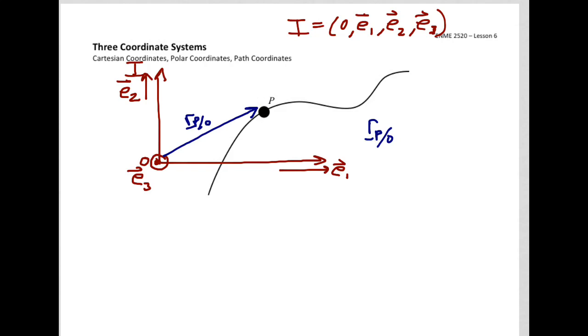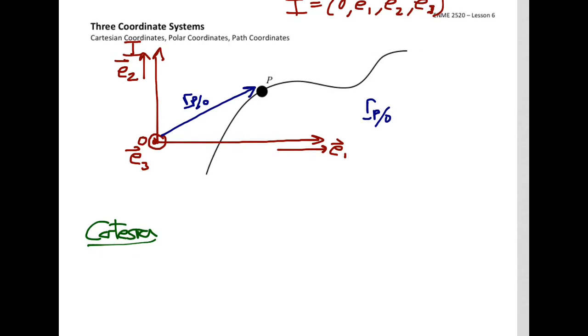So for our Cartesian coordinates, we need to define our positions. So we have a coordinate in the x direction, and then we also have a coordinate in the y direction. It's going to define that position.